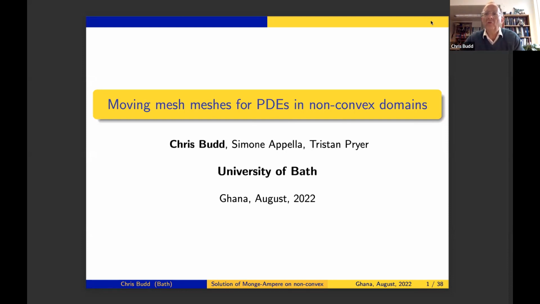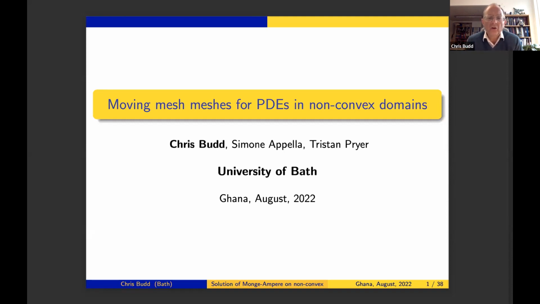So I'm going to talk today about moving meshes, which is a subject that I've been interested in for many years. We're going to look at moving meshes when you're looking at differential equations in non-convex domains. The key feature is that solutions of PDEs in non-convex domains typically have singularities, and that's why you need some sort of moving mesh.